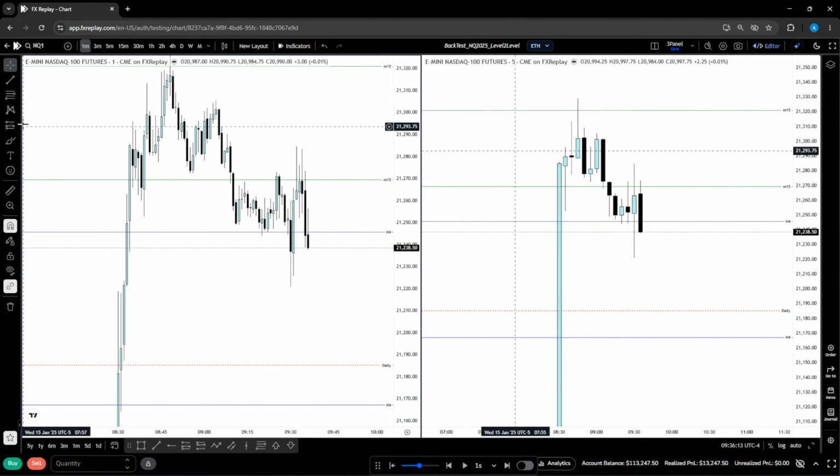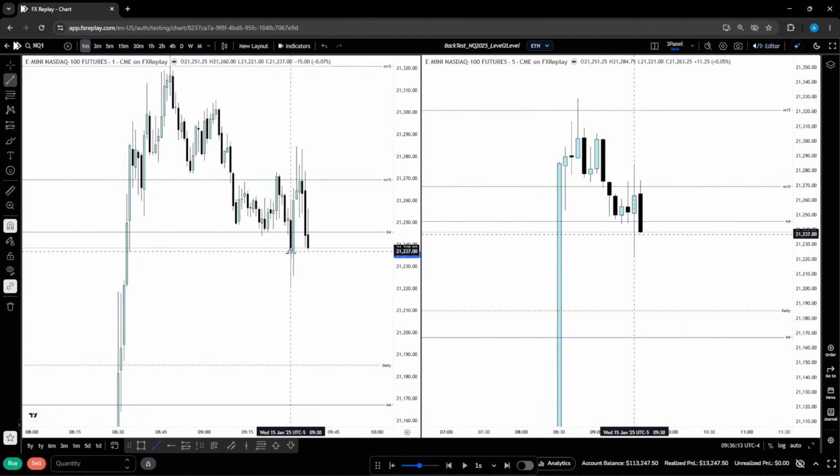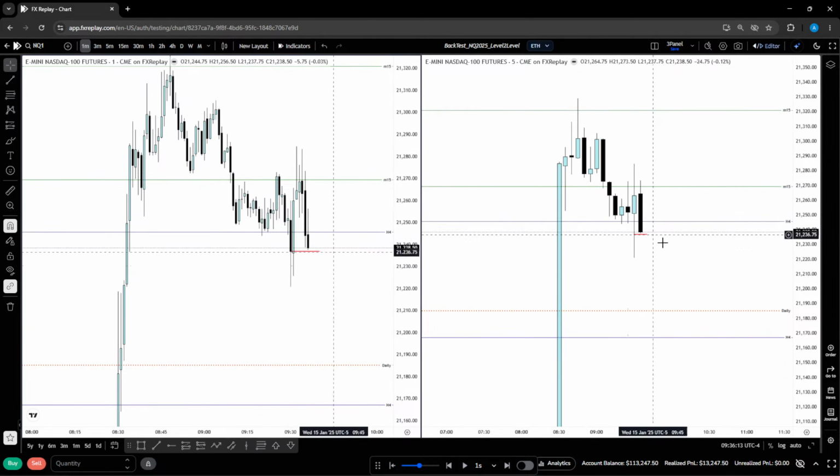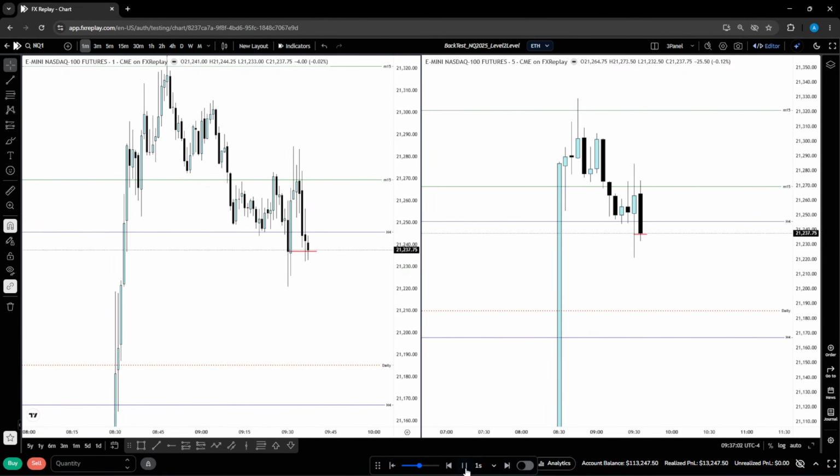Yeah, minimum we should see a candle closure below this level in 1 minute, but best if we close 5 minutes below. Okay, another minute.